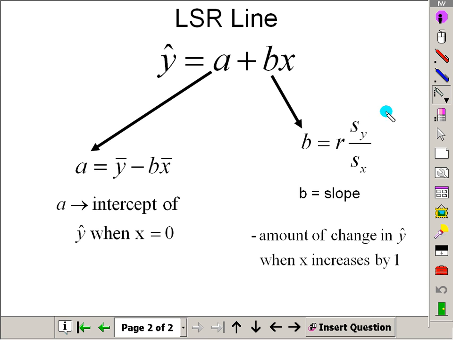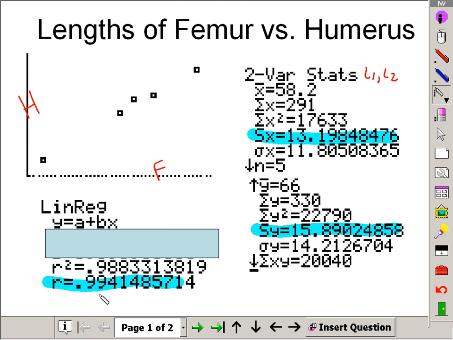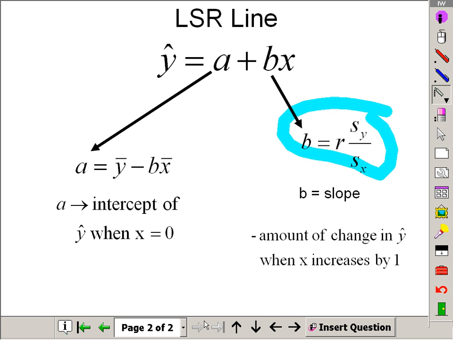Quick review. Slope, again, is R SY over SX. So we have these 3 pieces of information. And again, copy these down, please. R equals 0.994, SY equals 15.89, SX equals 13.198, just to make it easy.